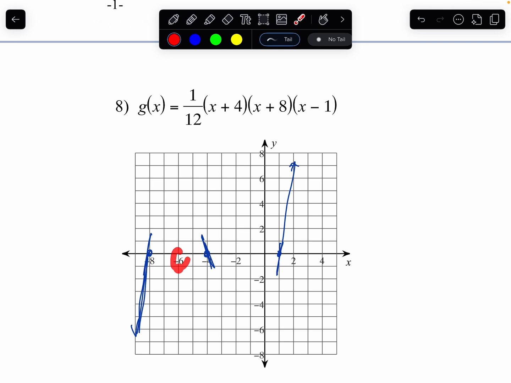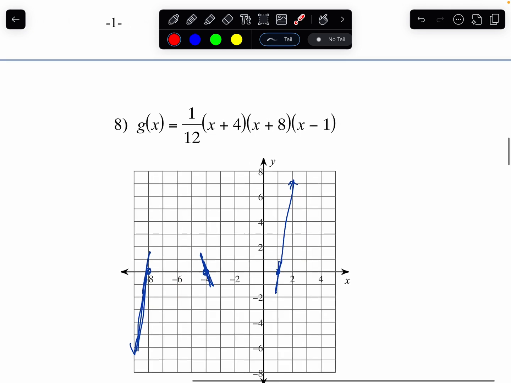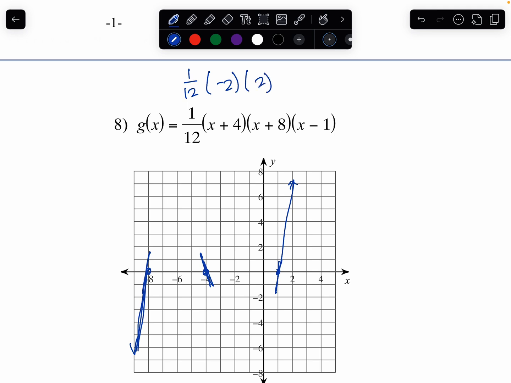So let's plug in -6. So if I plug in -6, I have 1/12. -6 plus 4 is going to be -2. If I plug in -6 here, that's going to become 2. If I plug in -6 there, -6 minus 1 is -7. Man, I hope this is an okay number, but it doesn't look like it's going to be.